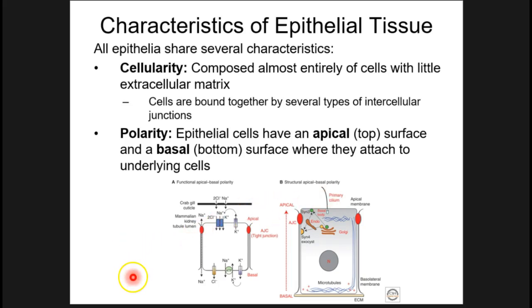Because there's going to be a side that's connected to the rest of you and a side that is free to a space, we're going to call those cells polar. They're going to have polarity. They're going to have a top and a bottom. We're going to call that top apical. We're going to call that bottom basal. Those are just vocab words you're going to see eventually.